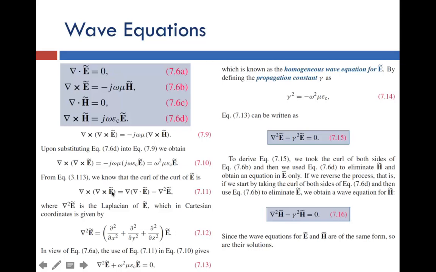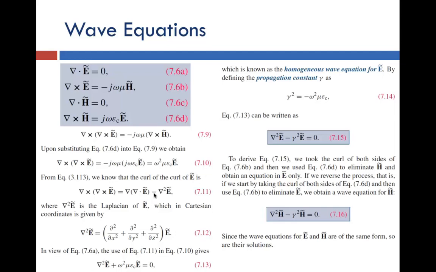And the curl of the curl from vector calculus is equal to the gradient of the divergence of E minus the Laplacian of E. That comes once again from Fields 1, from vector calculus. If you don't remember that, it should be in the set of equations from the first set of slides that was distributed, which was a review of Fields 1.